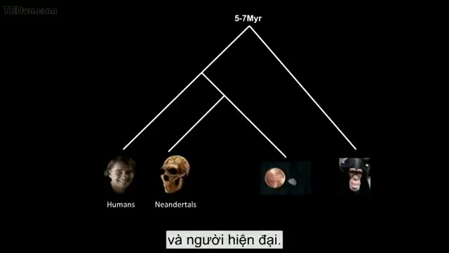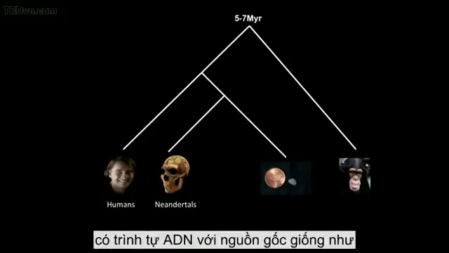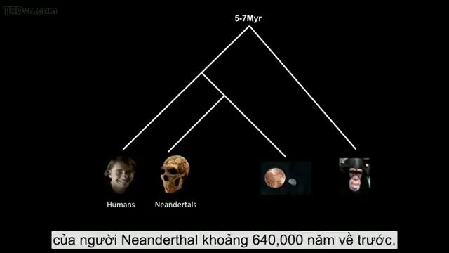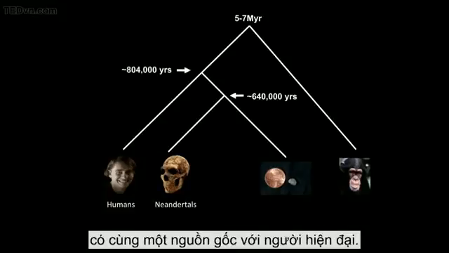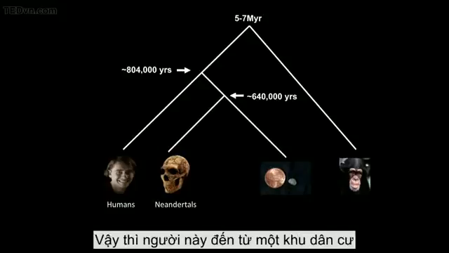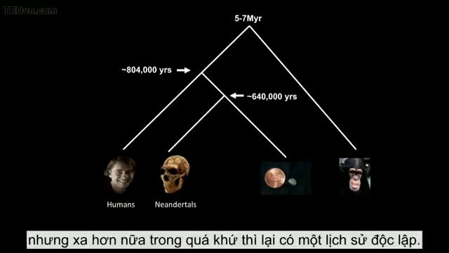And we found that this individual shared a common origin for his DNA sequences with Neanderthals around 640,000 years ago. And further back, 800,000 years ago, is there a common origin with present-day humans. So this individual comes from a population that shares an origin with Neanderthals, but far back, and then has a long independent history.